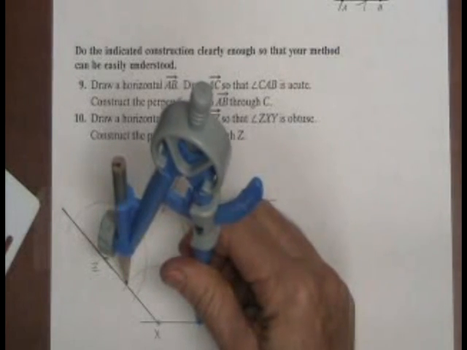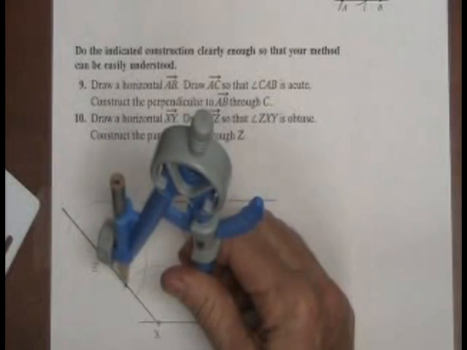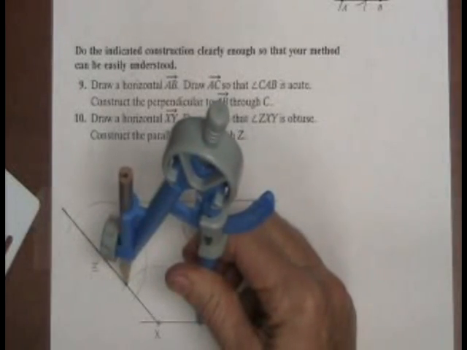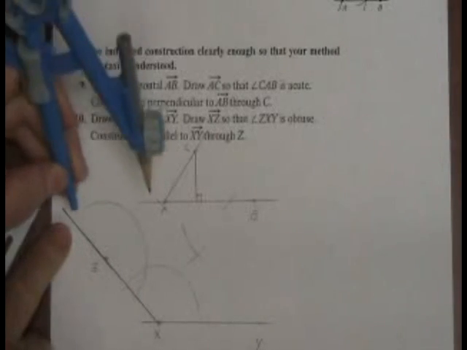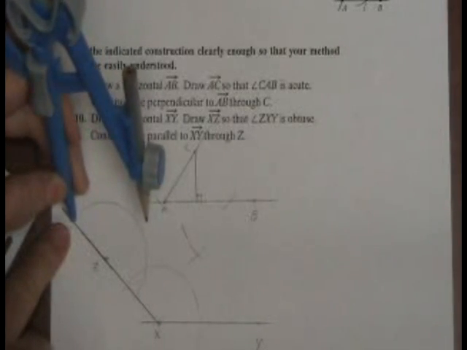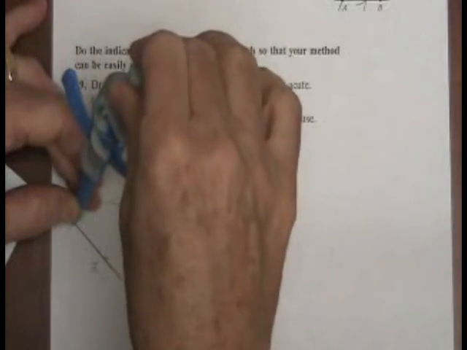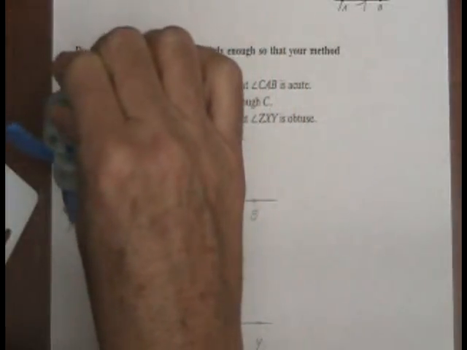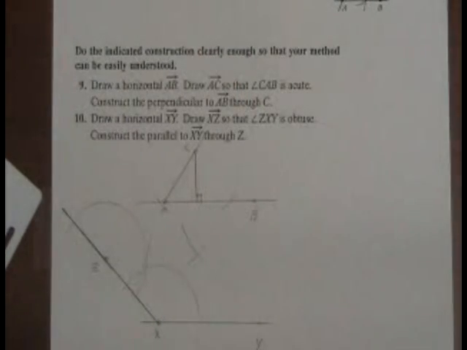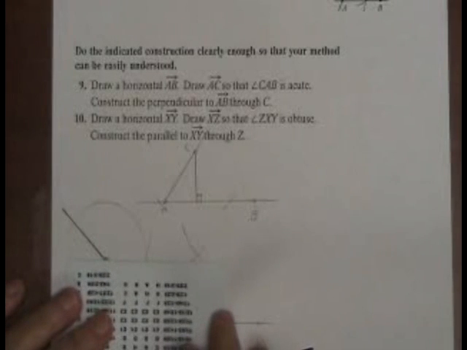Okay, so what needs to happen now is that I have to come from this point and make a mark here. See that? See that point?